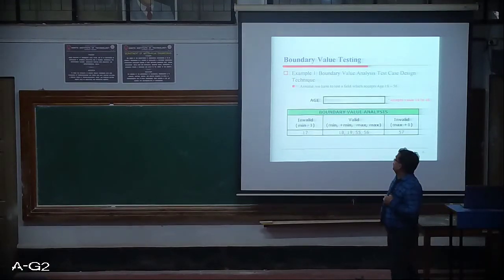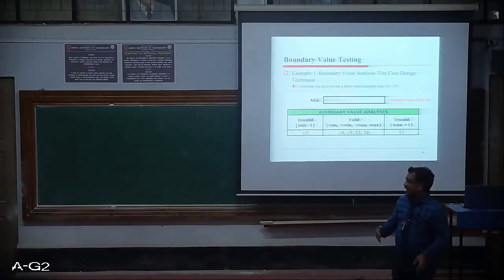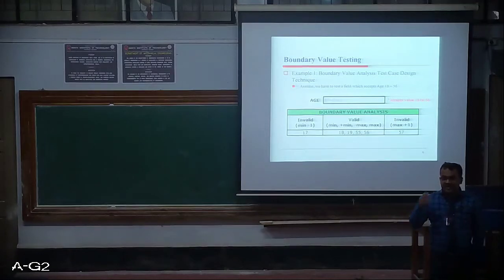Let's take another example. Suppose we have an application where the input is the age, and we have determined that the valid range for that field is 18 to 56.